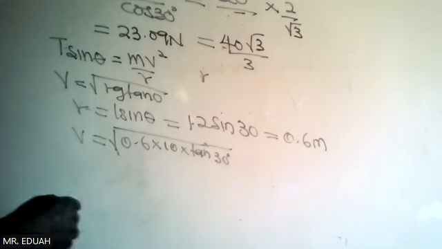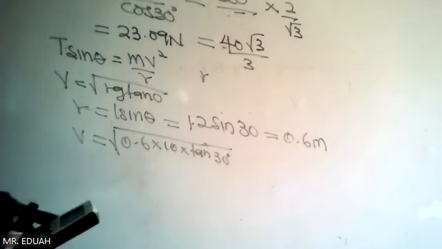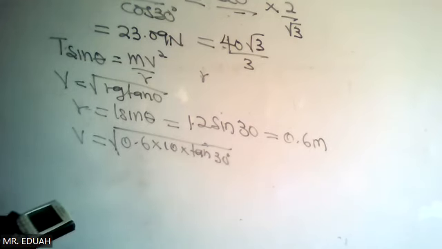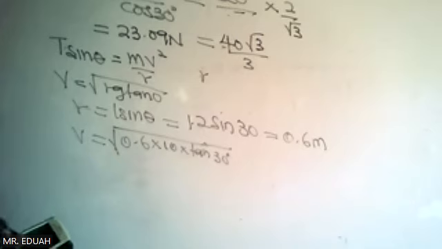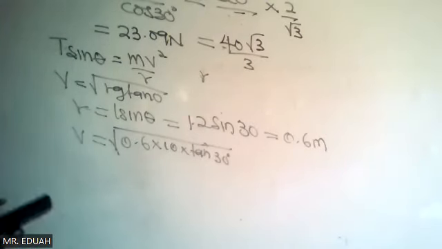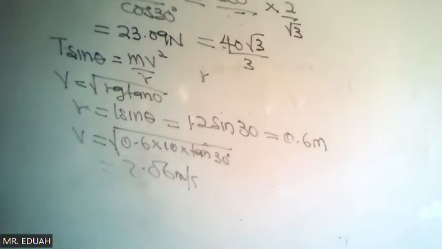So 5 times 0.6 times root 2, and when you take the square root of this, you have 2.06 as the velocity, 2.06 meter per second.